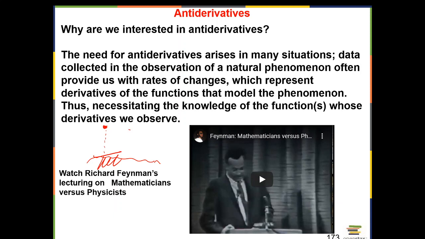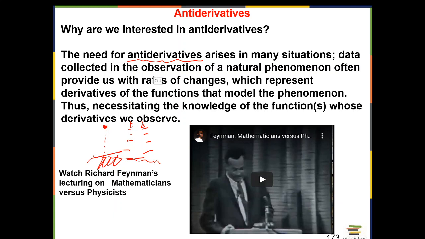You can have some numbers, right? The time and then the distance it falls, right? If you collect that, that is actually a rate. So in nature, what we collect is actually rate. So in order to find the patterns, well, the patterns are the functions whose rates we observe in nature. So we need this antiderivative.